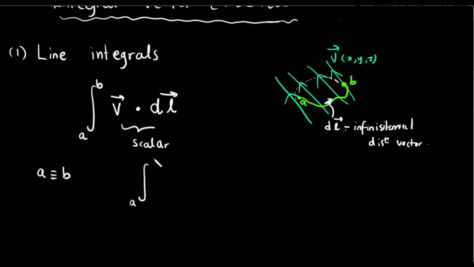When we have a closed path, we draw a circle around the integral symbol. So if a coincides with b, then we have a closed path, and it can be represented by drawing a circle on the integral symbol. So we have to calculate v dot dl on the closed path when a equals b.